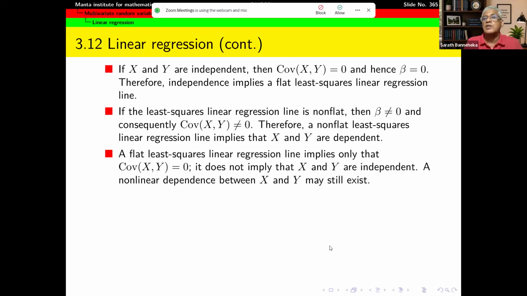Remember, covariance equal to zero does not imply they are independent. But covariance not equal to zero implies that x and y are dependent, not independent. A flat least squares regression line implies only that the covariance is equal to zero. It does not imply that x and y are independent. A nonlinear dependence may still exist between x and y.